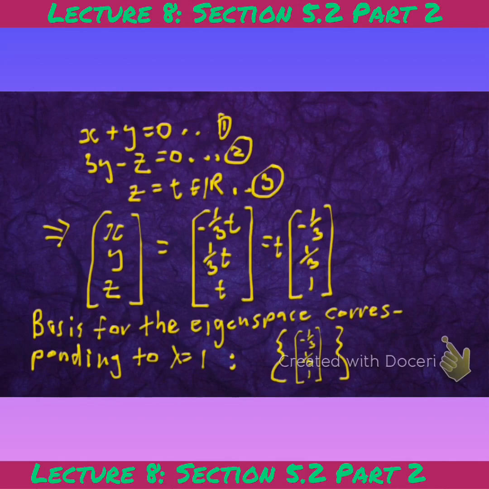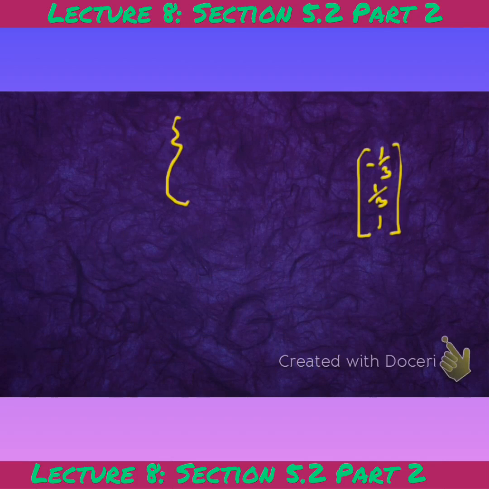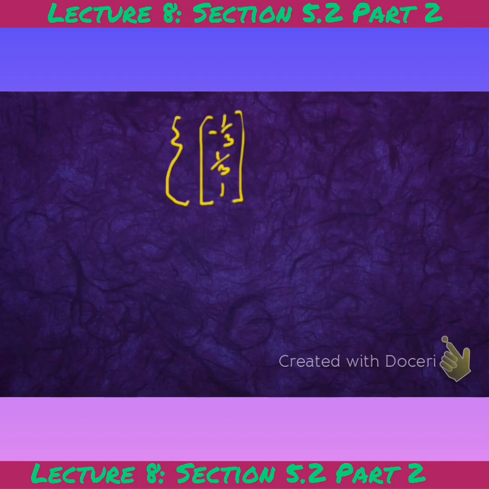And how do we find the matrix that's going to do the diagonalization? Let's look at our linearly independent set. We take this vector from lambda equals 1 and place that in our set, noting that it corresponds to lambda equals 1.